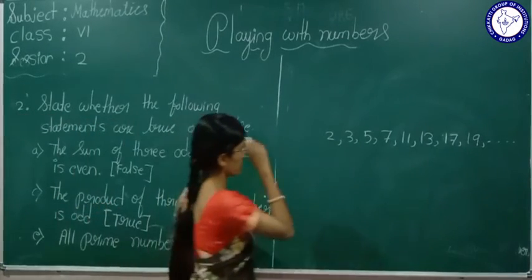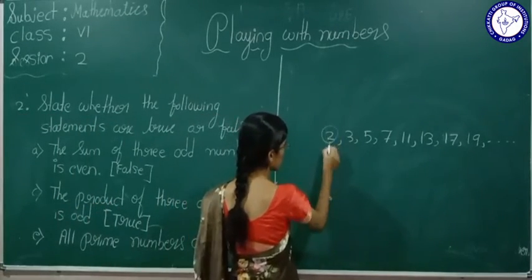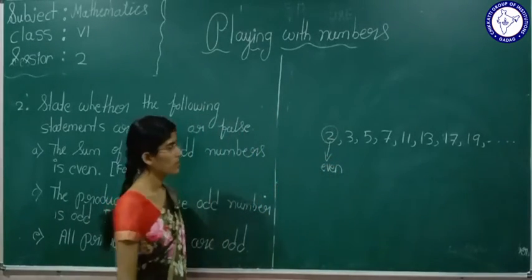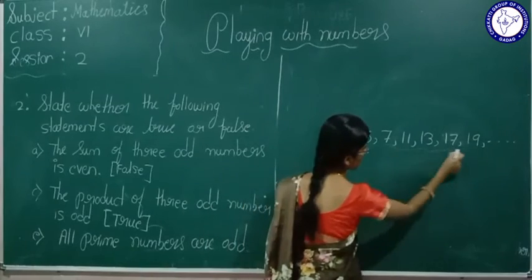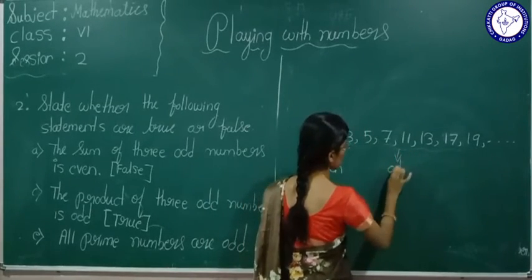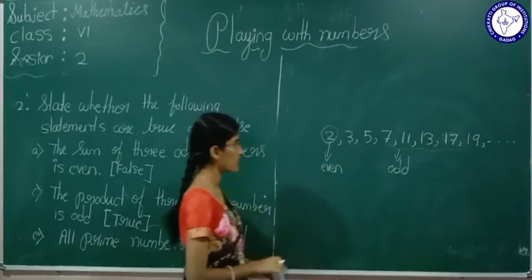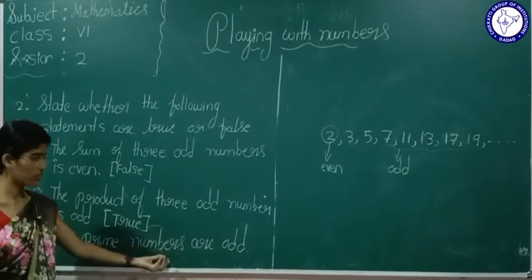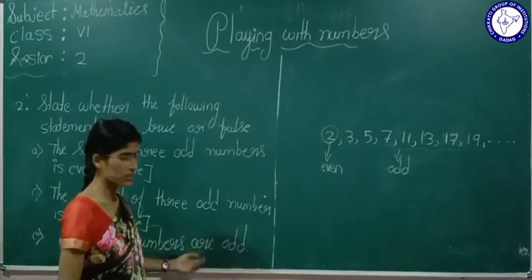Here 2 is what? This 2 is an even number, no? Yes. Here these all are odd numbers. Now what can we tell here? Are all prime numbers odd? No, this statement is false.